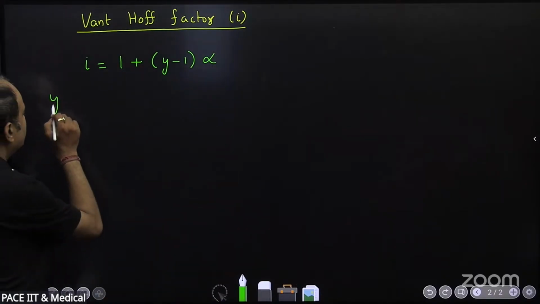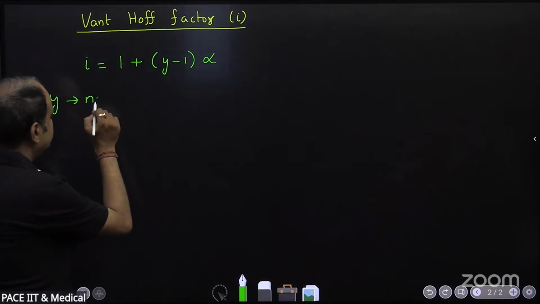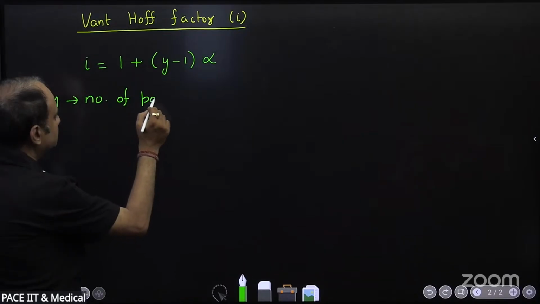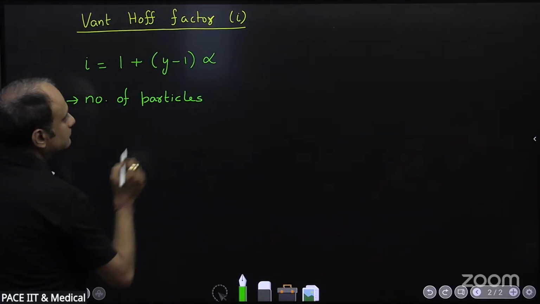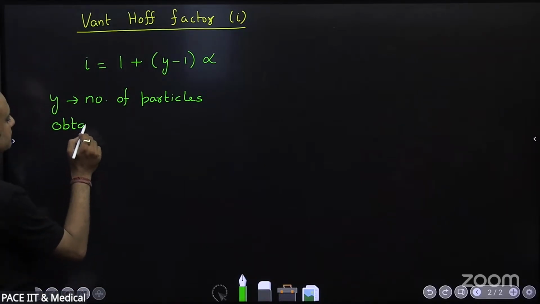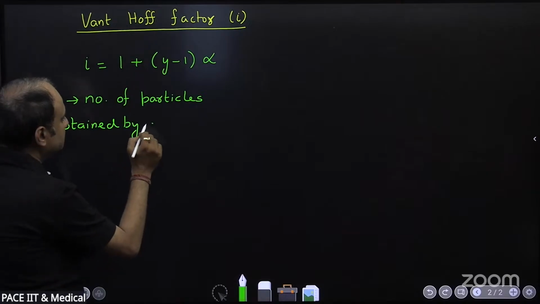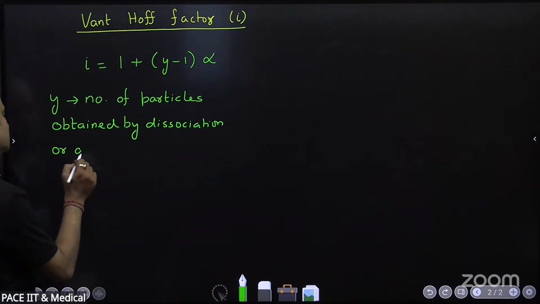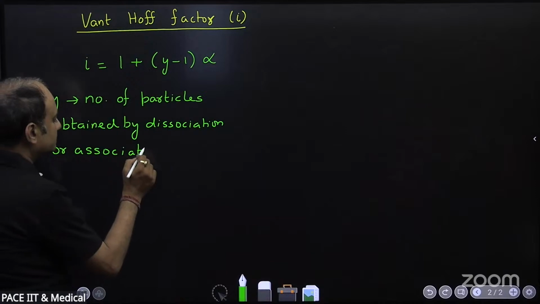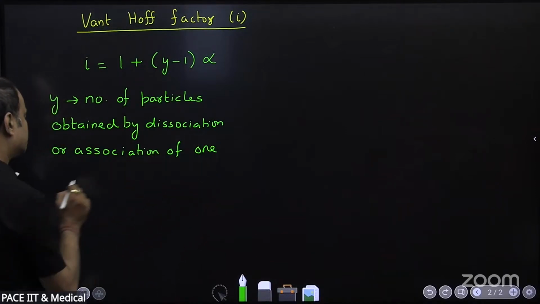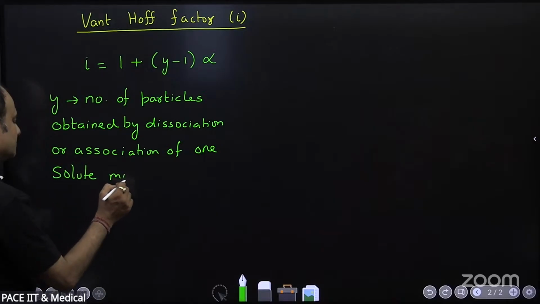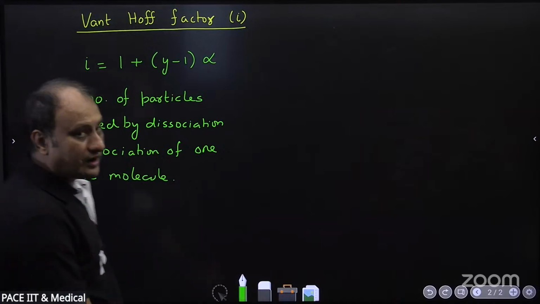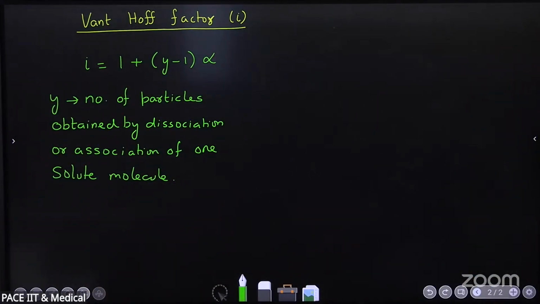Here, y is the number of particles obtained by dissociation or association of one solute molecule.